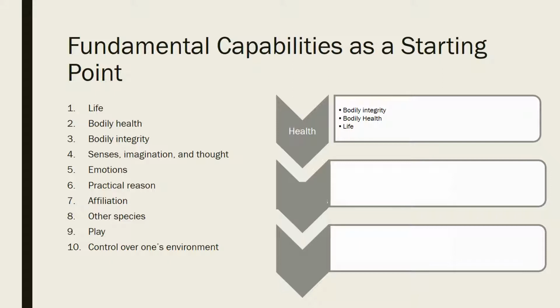Senses, imagination, and thought, emotion, and practical reason can all be condensed into what we will define as free-mindedness. The ability to think and feel freely, to critically reason and perceive the world in a unique way has all of the aforementioned qualities and is a necessity for basic dignity. Finally, we will define the remaining capabilities as harmony.